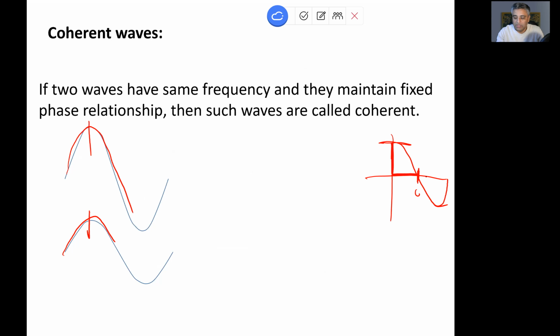One wavelength means a full cycle. That means if it started from the top, goes to the other side and comes back to the same level, that becomes a full cycle, and that is the wavelength of the wave, right? Crest to crest, or it could be trough to trough. So it is one full cycle, and wavelength is lambda. Now, when it goes from here to here, from maximum to minimum, that is a half cycle.